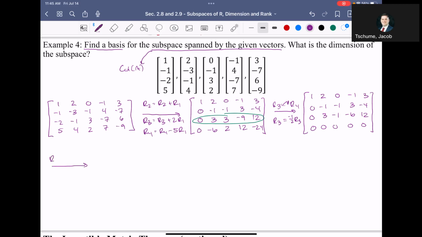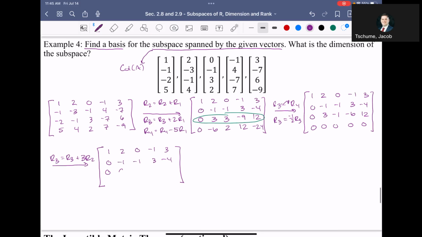So I'm going to take row 3 and add 3 row 2s, because 3 plus -3 would be 0. The top 2 rows remain the same. So for my next row, if I add 3 row 2s, you should get 0, 0, -1 minus 3 is -4, -6 plus 9 is 3, and then 12 minus 12 is 0.